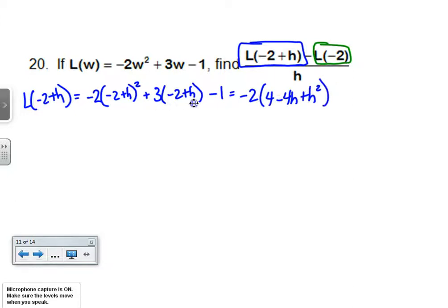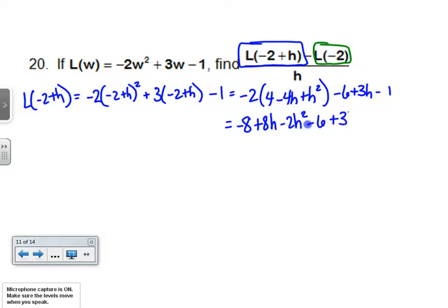I'm going to distribute the 3 into that next parenthesis. Oops, I should say minus. Minus 6 plus 3h, and then a measly little minus 1. And we're not done yet. I need you to distribute the negative 2, combine like terms, and hopefully get something that looks a little better. Distributed the 2.